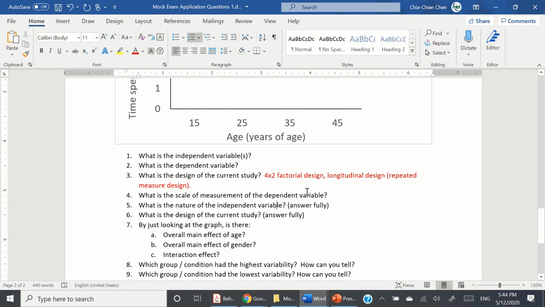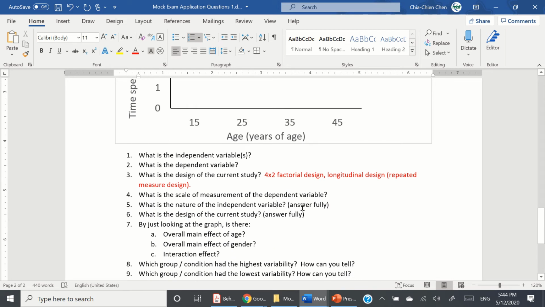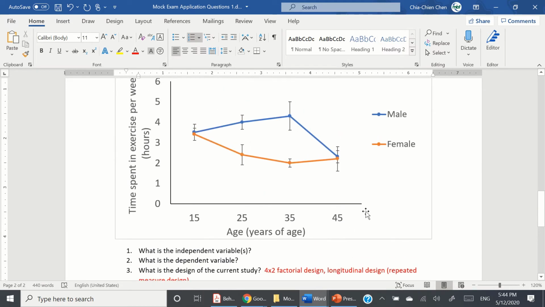Okay, number 7C, is there an interaction effect? Okay, so there is an interaction effect, and how can we tell? It's actually quite easy, because you can look at something like male versus female at 15 versus male versus female at 25.